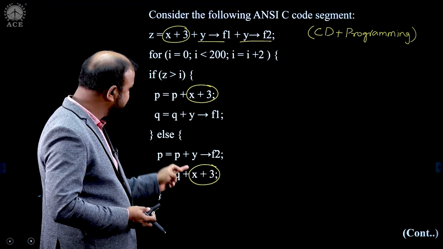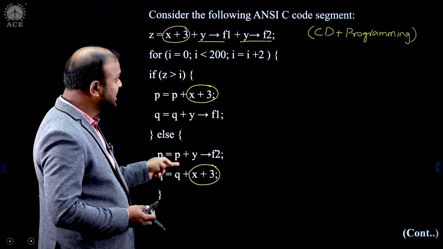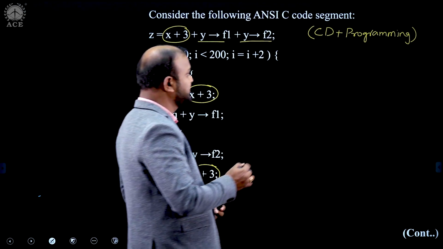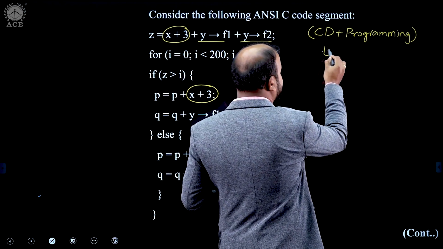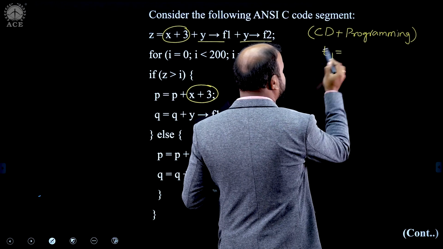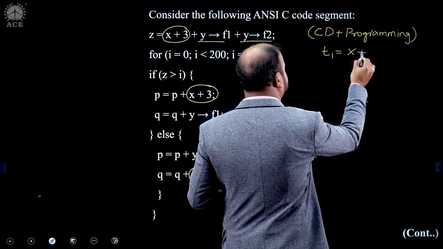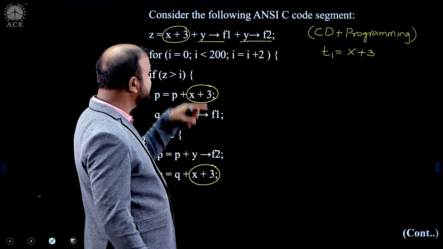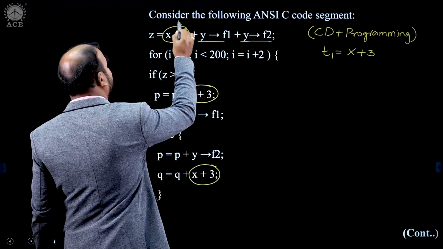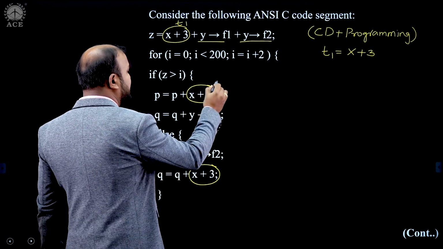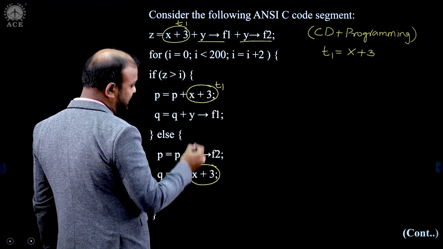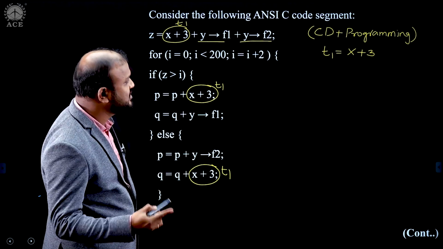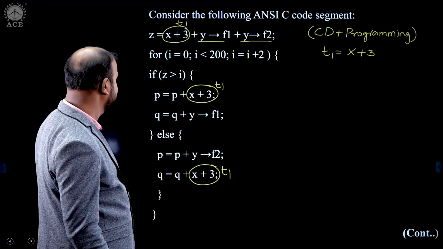Is the value of x redefined? No. So again I can call x plus 3 a common sub-expression. The value of x plus 3 I want to take into a temporary variable t1. Because x plus 3 is a common sub-expression, it is computed one time and the result t1 is used multiple times, so that we can avoid the recomputation of x plus 3.